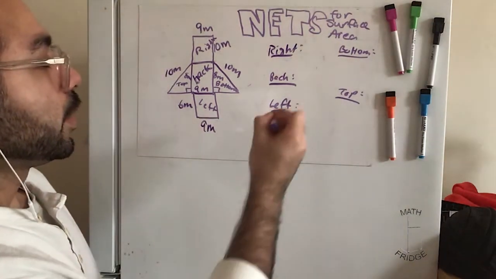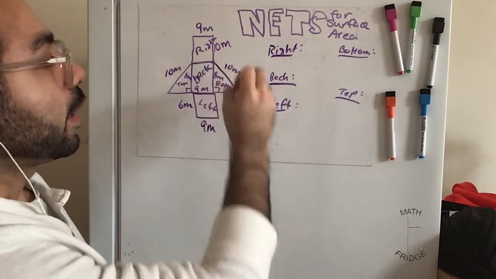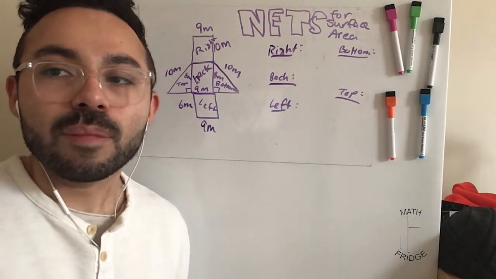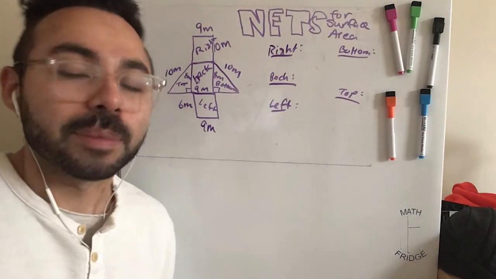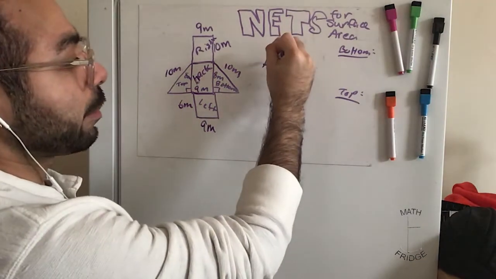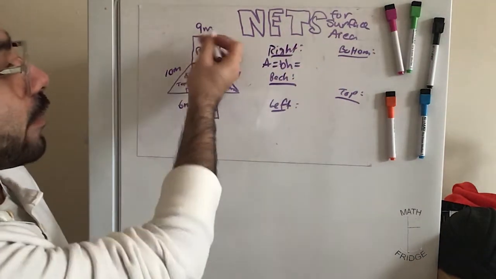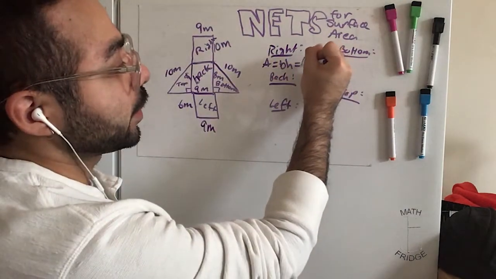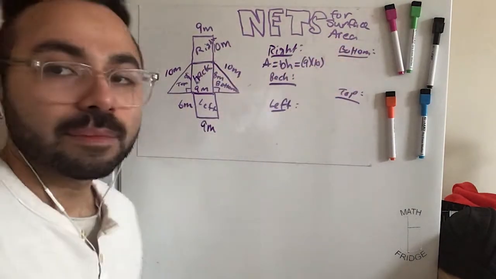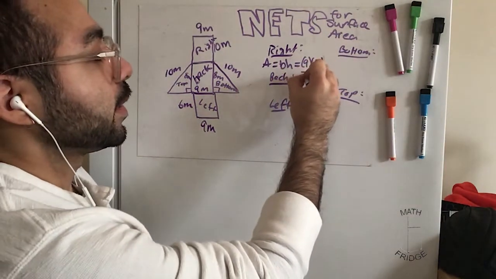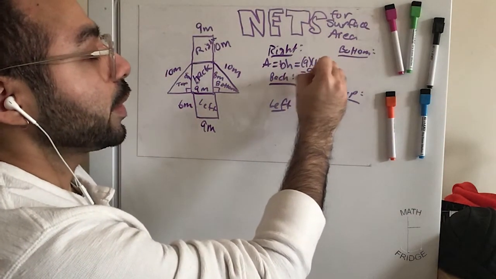Okay, cool. So our right face, as you remember in class, the area of a parallelogram is base times height. So I'm going to write my formula. I have 9 times 10, and that is 90 meters squared.